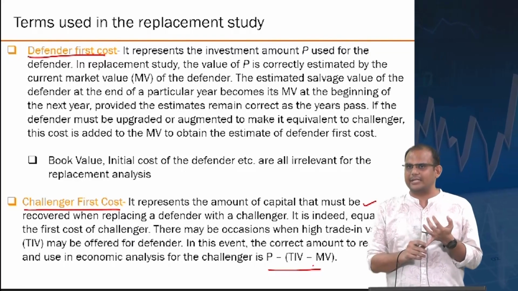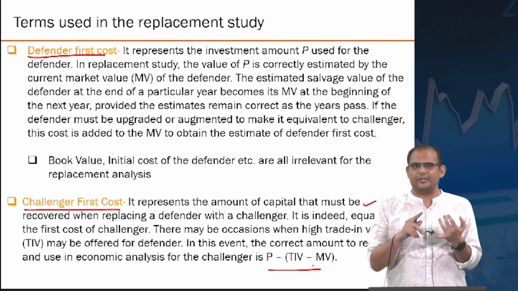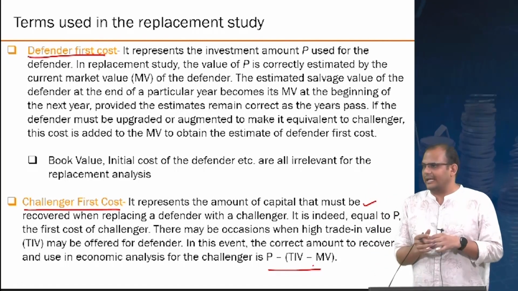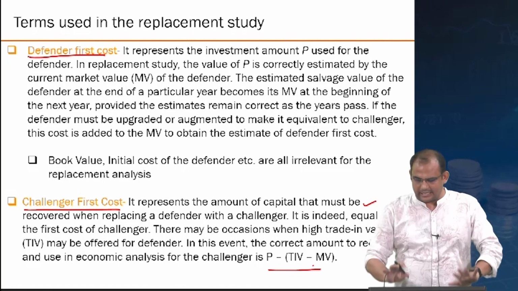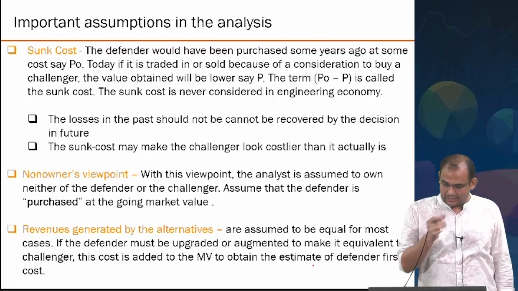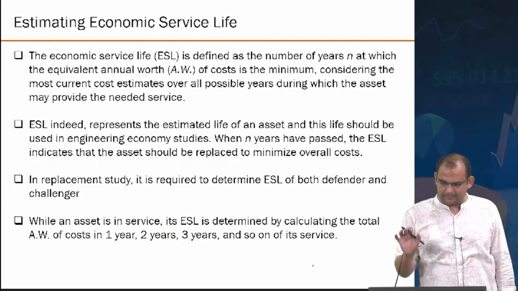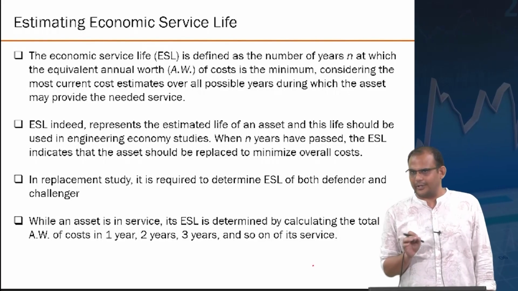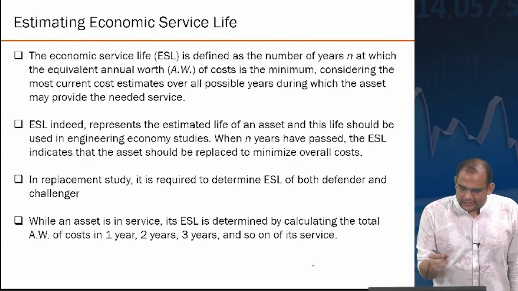So the assumption is always that your defender and your challenger have equal capabilities in terms of their functionality. Okay, again, we have covered this in detail. I'll not go into all this today, but please read through these slides, otherwise you'll not be able to get what I'm talking about. Okay, all right.